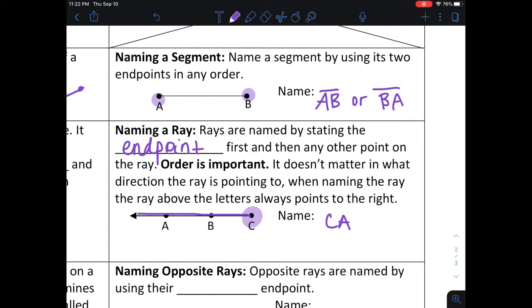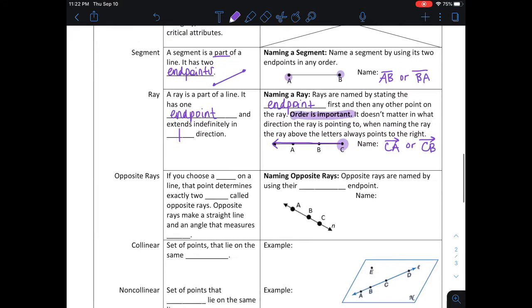And since this goes in that direction, that's why we know C has to go first. Just put an arrow pointing to the right on top of it. It always needs to face the right when you're naming it, or you could call it CB. No, you may not change the order. Order is important. It says it right here. Order is important.